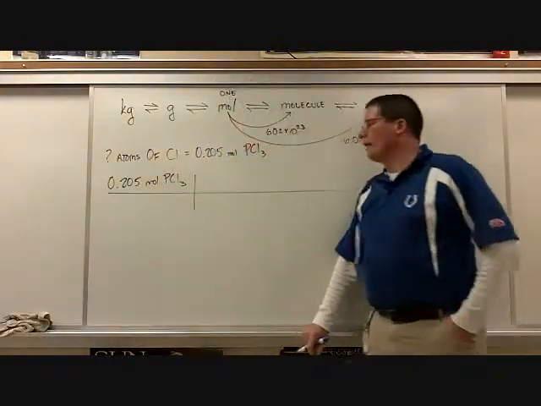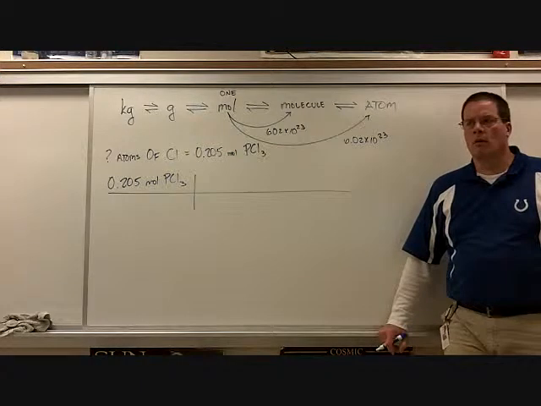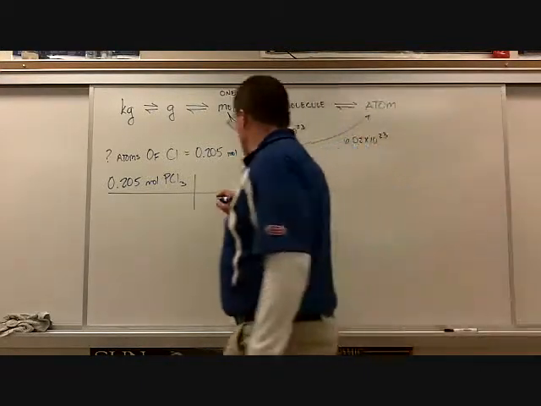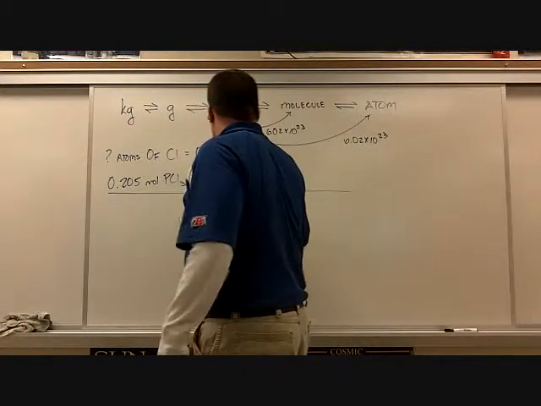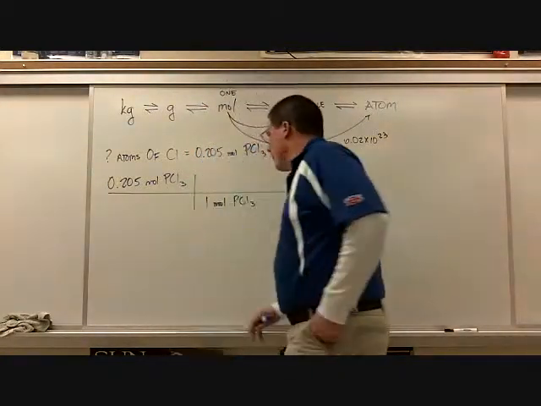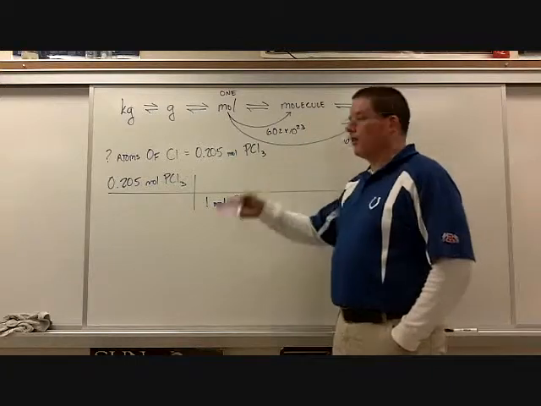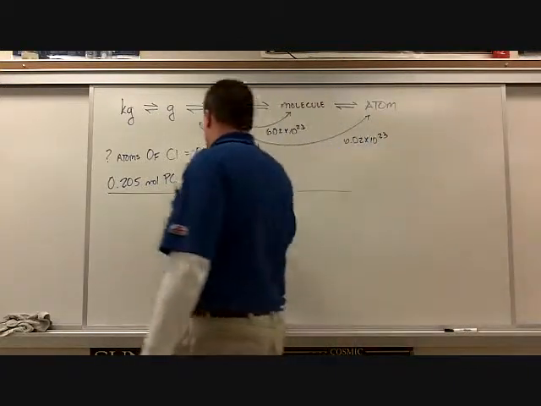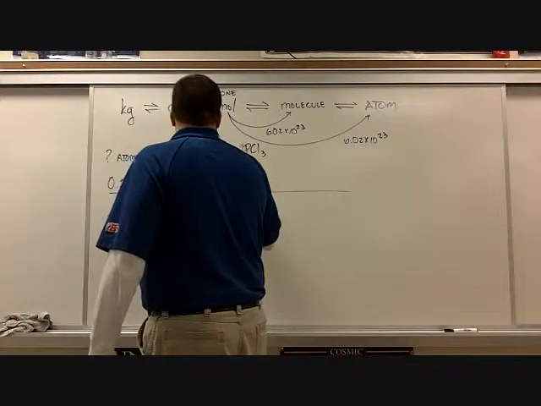Okay. What do I need to convert the moles to? Okay, so 1 mole on the bottom of PCl3. But what goes on top? Molecule, good, because it is a compound, so I need to go through molecule before I can go to atom. So 6.02.